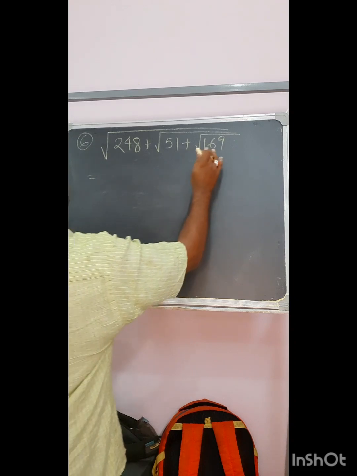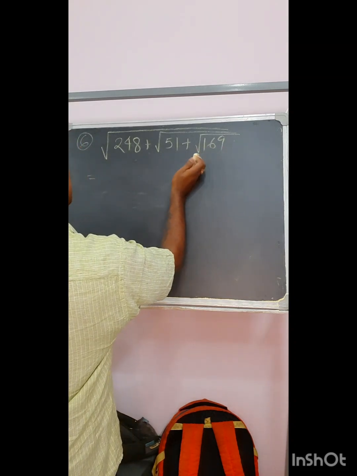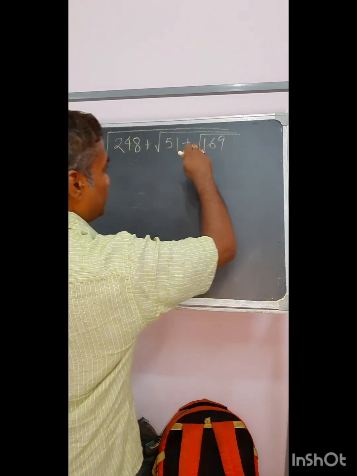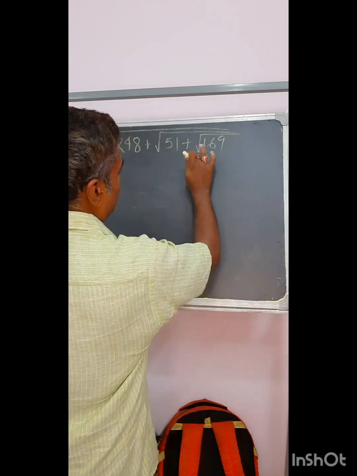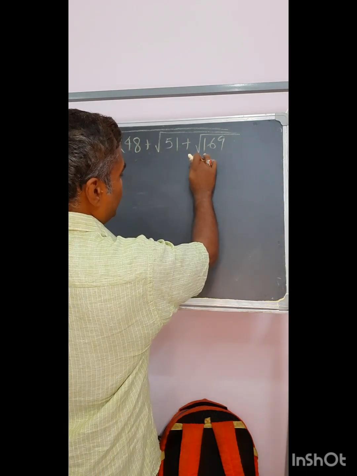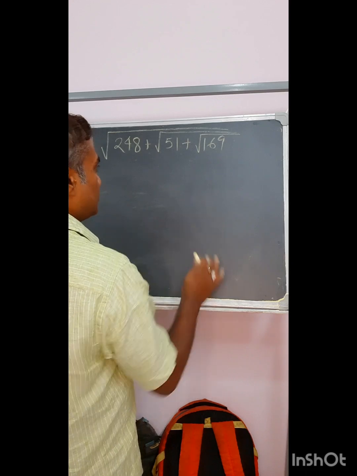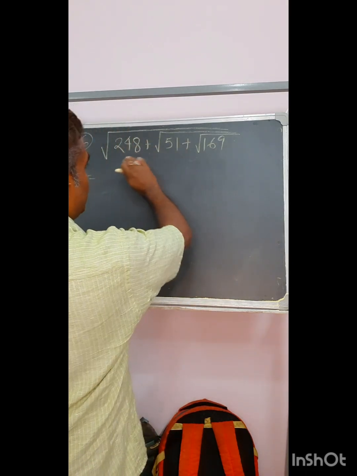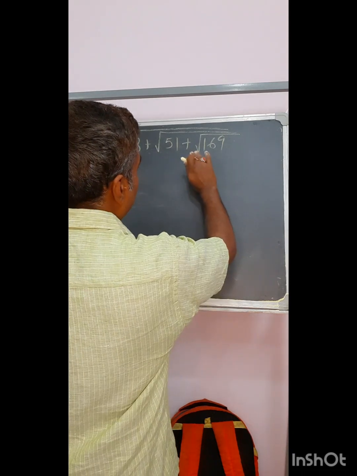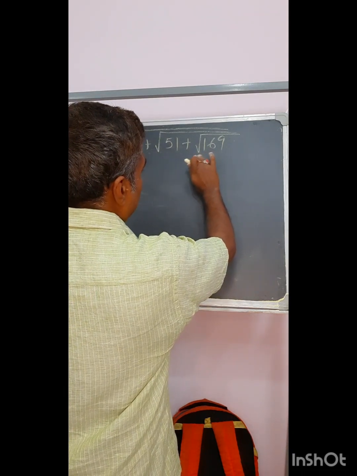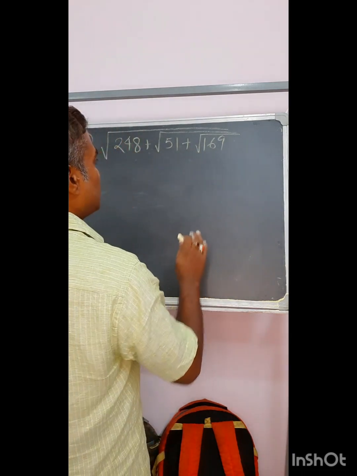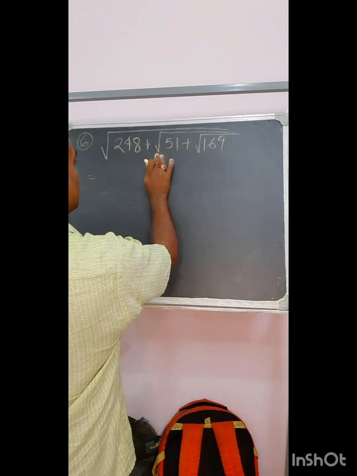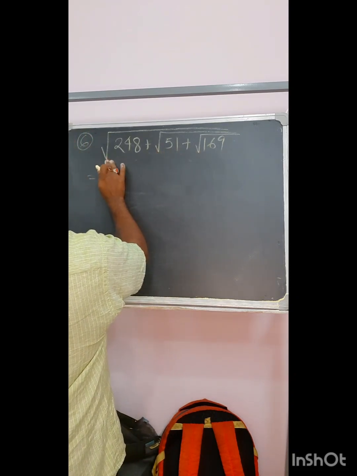Here you have to try to remove the innermost surd, to simplify it and bring it to a rational number, if that is possible. In this case, you have to bring this surd to a rational number, then come to the next surd, then the final one.